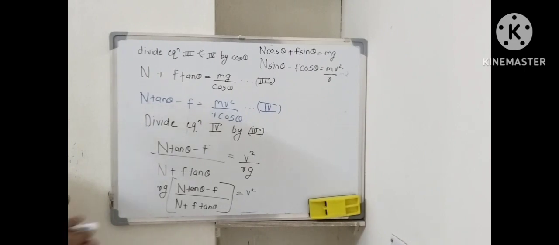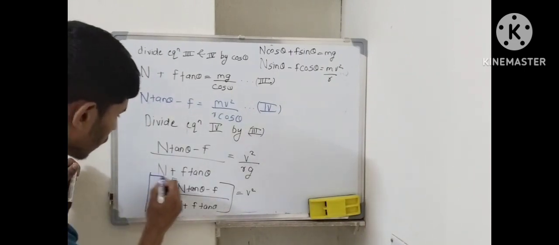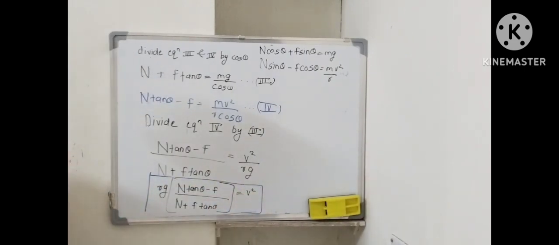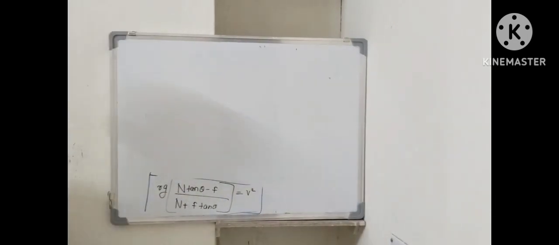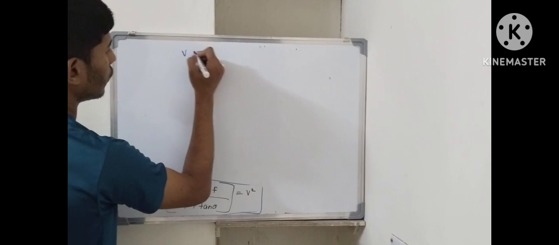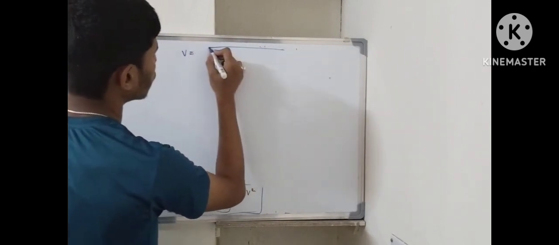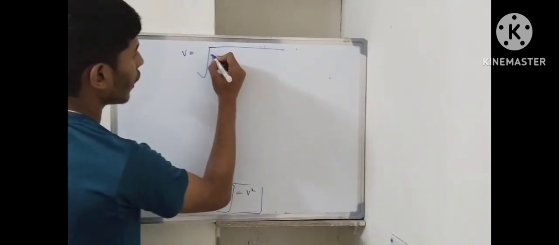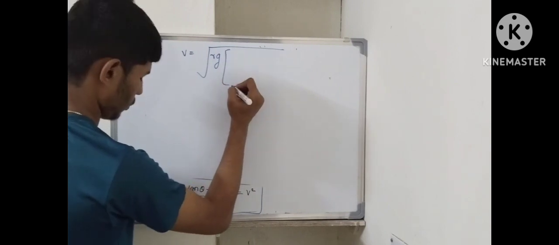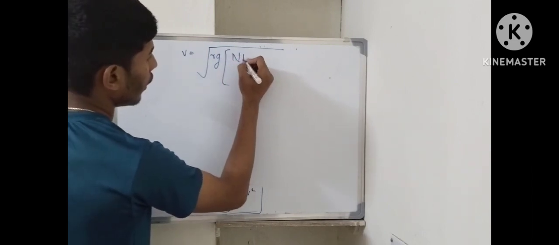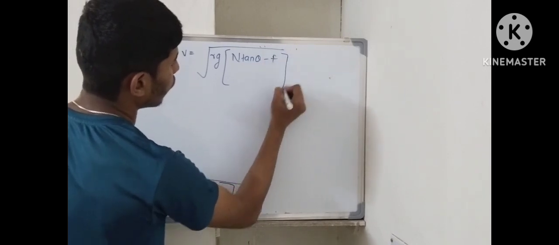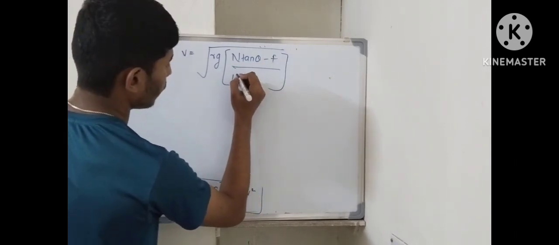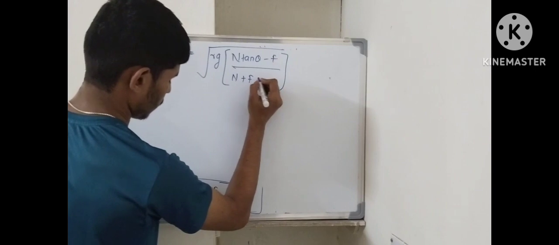Got it? So we got the equation. We just have to take the square root on both sides. We will get the equation for v. So v is equal to under root rg into N tan theta minus f upon N plus f tan theta.